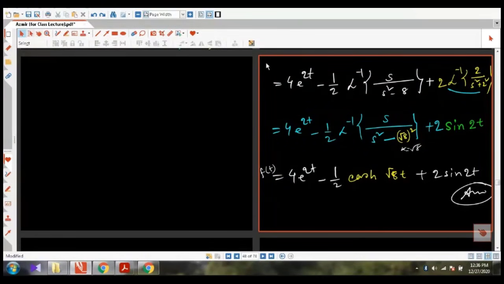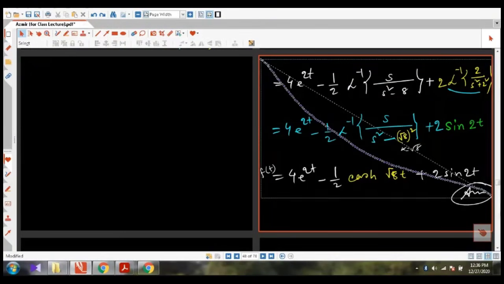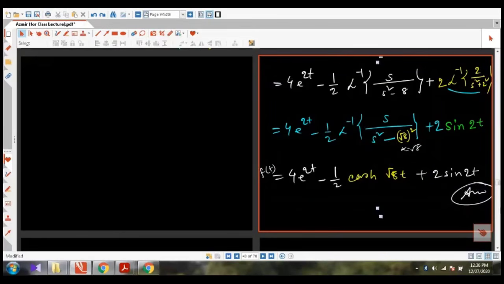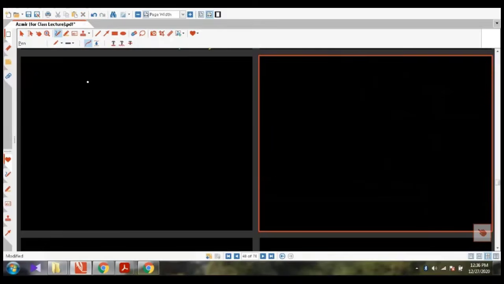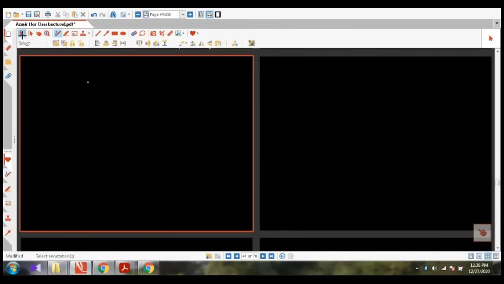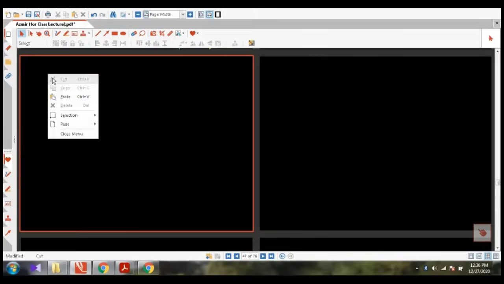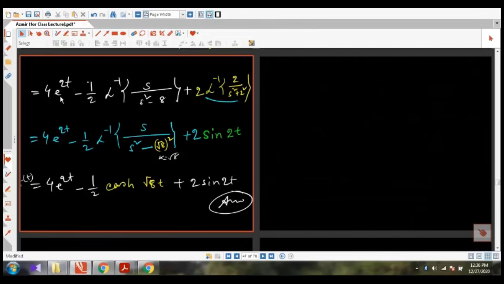But now we are going to have a look at the property called shifting property of inverse Laplace transformation. That will be again difficult, but let's hope for the best. We can solve any problem if we have the basic idea.